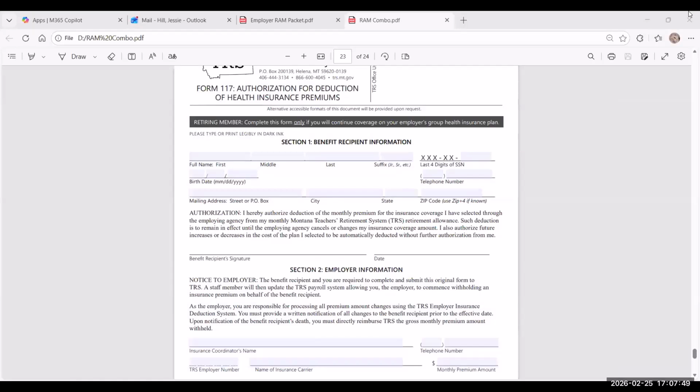We're just kind of the middleman in that insurance process. So just a reminder, if the members have any questions regarding that, they need to contact either you as the clerk, or if you have an insurance person that can answer those questions. But yeah, we're just the middleman, and you as the employer need to answer any questions.